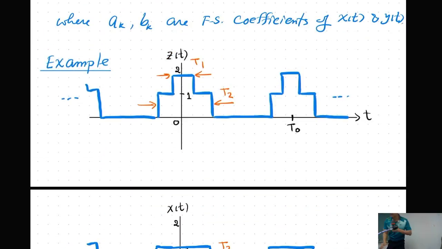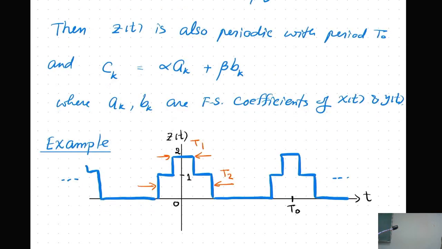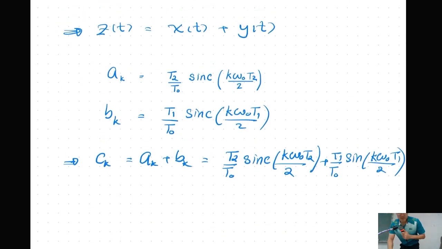Now, look again. Another one. If instead of going this way, I go this way. Go up 1 and go down to -1, and go up to 1 again and go down to 0. How would you change it?